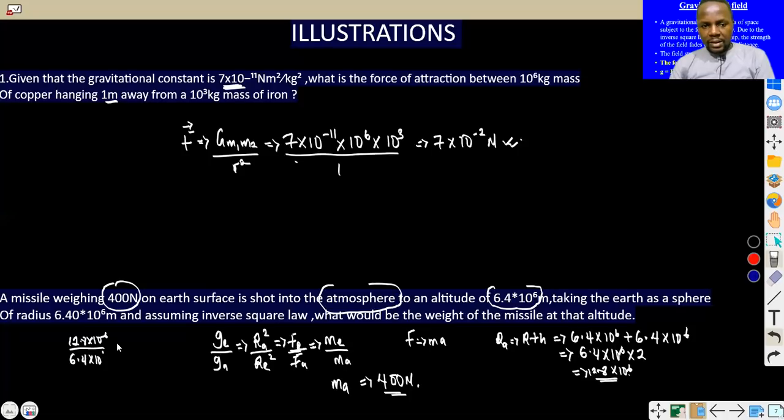This equals, since I took the atmosphere first, the weight of the Earth, which was given to be 400, over that of the altitude.